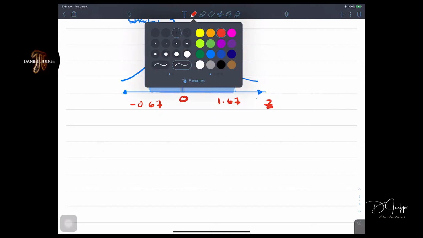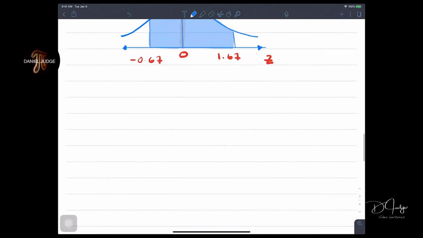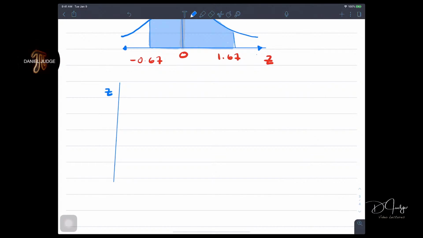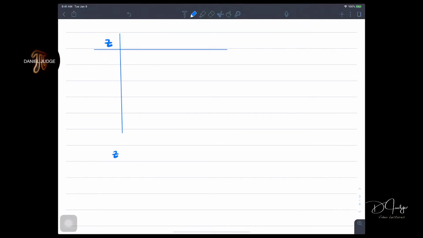So here we go. If you guys remember the z table here, right? So for the first area to the left, tell me which row do you guys use? We're looking at a z value being 0.67. Let's see if you remember from last week. Z being 0.67.